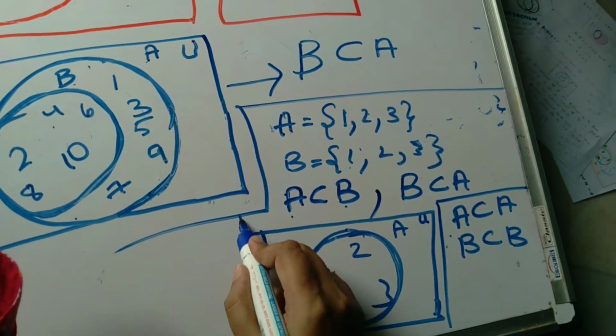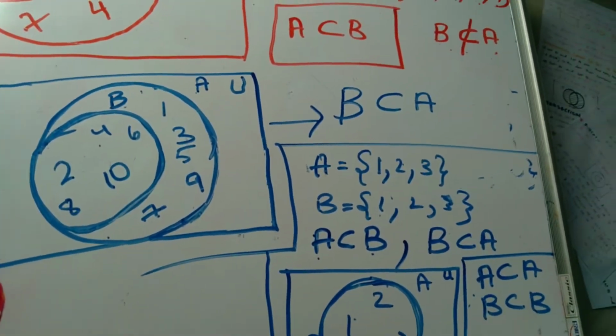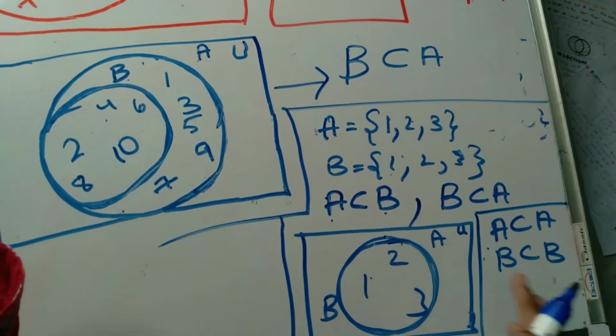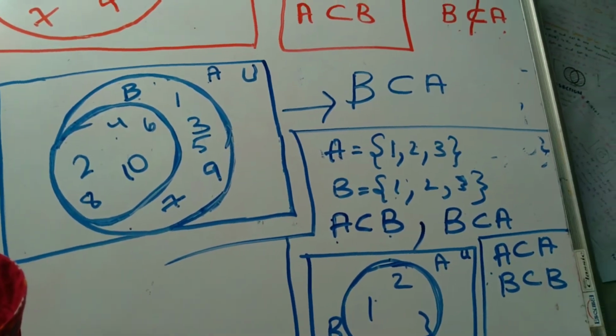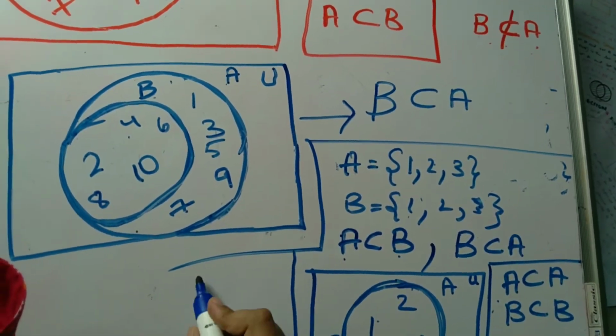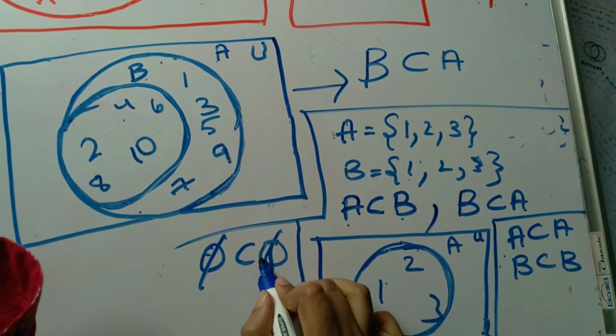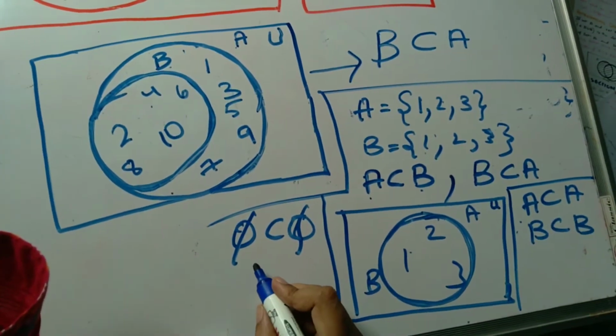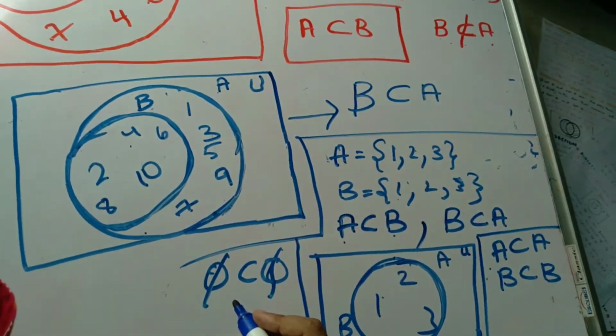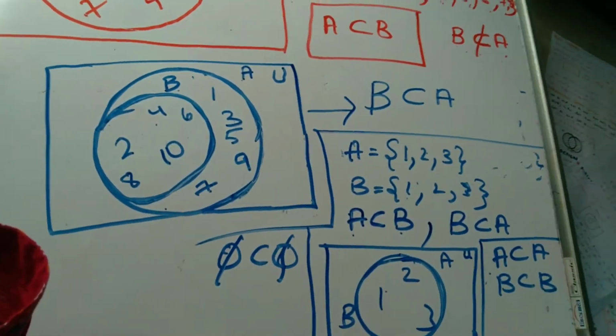Any set is a subset of itself. The null set is also a subset of itself. So we can conclude that all sets are subsets of themselves.